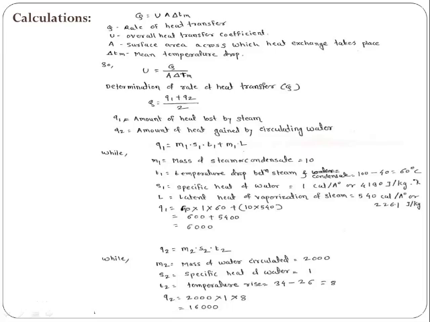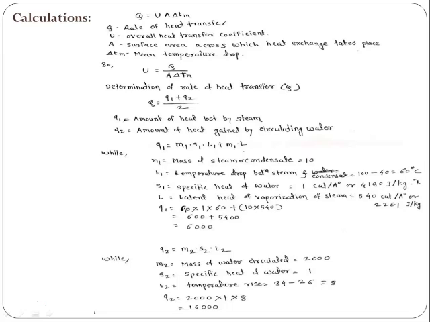Then Q1 is calculated by considering the parameters, that is mass of steam, specific heat of water, temperature drop between steam and condensate, and latent heat of vaporization.